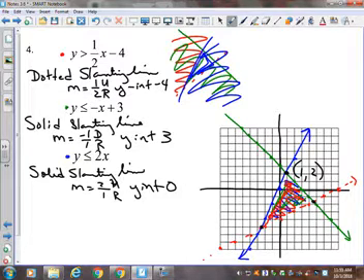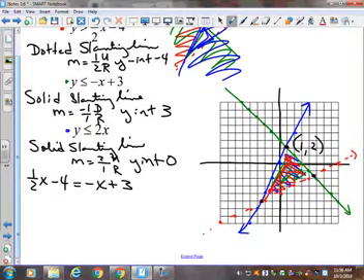So how do I get the solutions? Well, for where the red and the green line cross, I could set negative x plus 3 and 1/2 x minus 4. I think I'd put the 1/2 first. And I would solve that.